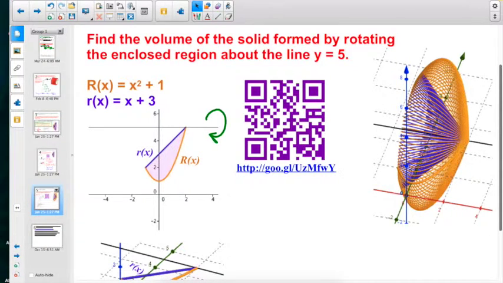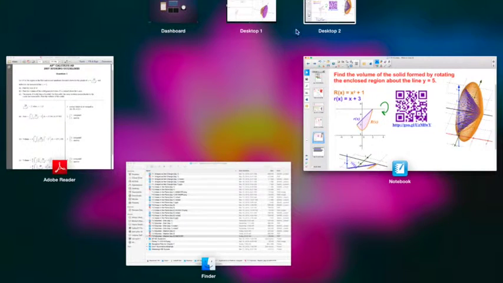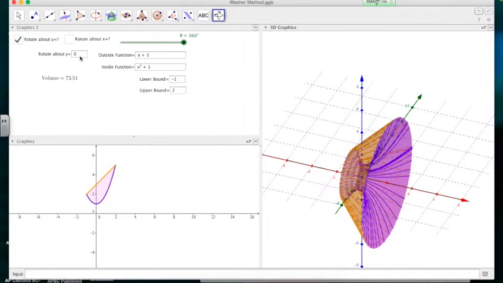GeoGebra file, all I have to do is change this axis of rotation up here in the upper left-hand corner. Okay, so I'm going to change that to y equals 5. And if you notice down here in the lower left, my axis of rotation is now different.